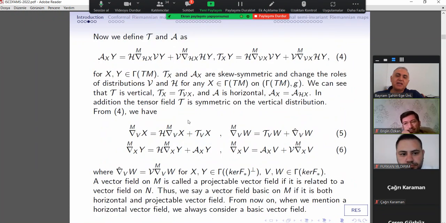By using the Riemannian submersions, we have some other connection formulas, denoted by 5 and 6. So we need to use the basic vector field. A basic vector field is a projectable vector field, but also it is horizontal, so it belongs to the space of the kernel perpendicular.